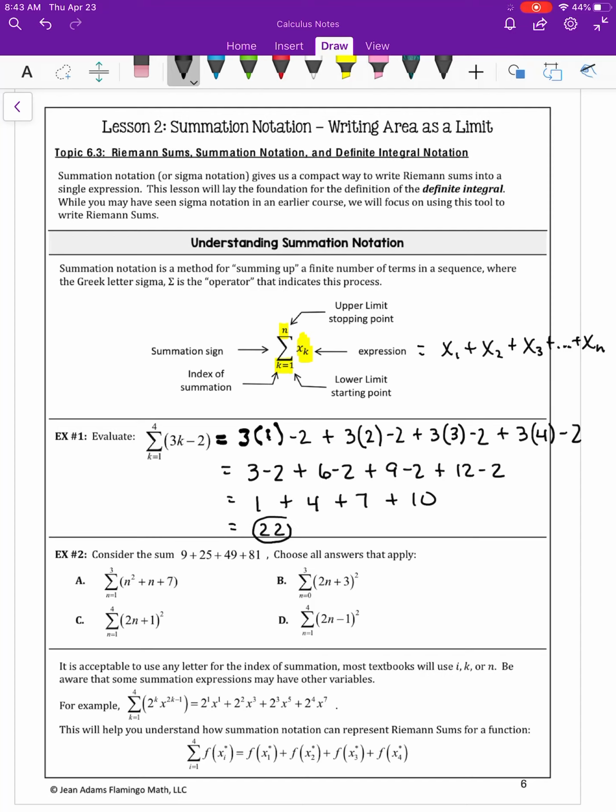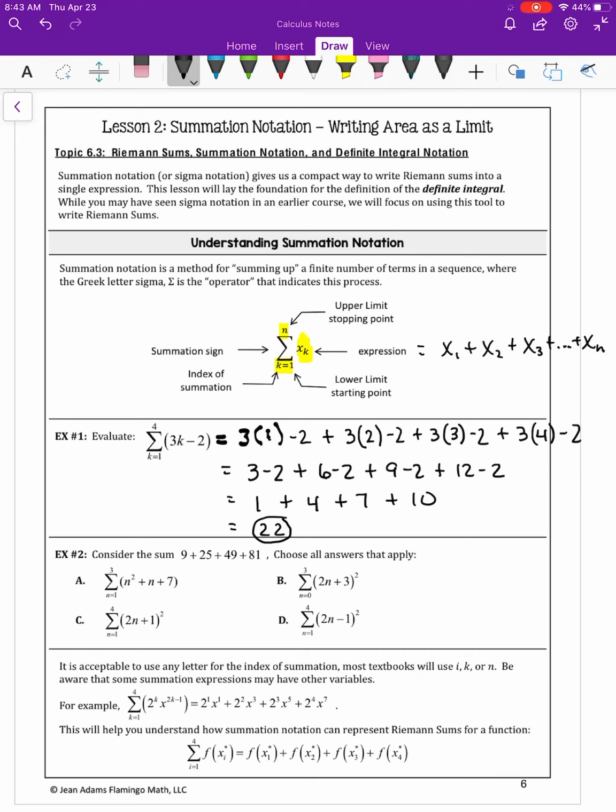And 4 was your last one, where you stopped. So this is going to be 3 minus 2 plus 6 minus 2 plus 9 minus 2 plus 12 minus 2. So 1 plus 4 plus 7 plus 10. You should get 22. Okay, so that is your sigma for example number 1.